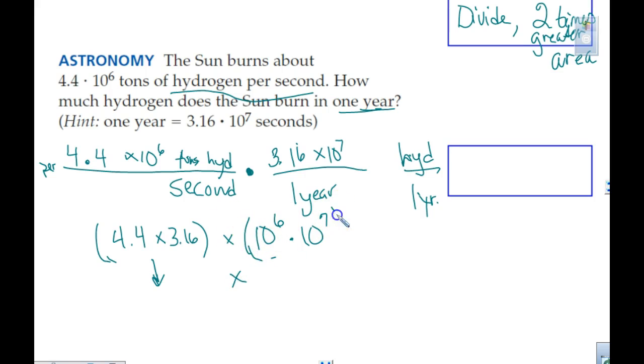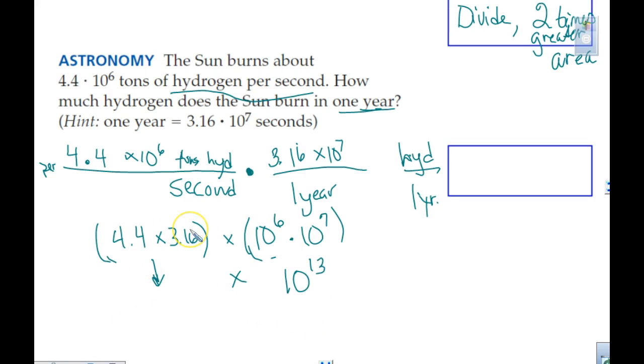So when I'm looking at this problem, Sam, 10 to the 6th times 10 to the 7th, I have the same base. What am I going to get? So I'm going to keep the 10, right? And I'm going to have 10 to what power? When I multiply, what do I do with my exponents? Add. So 6 plus 7 gives us 13.